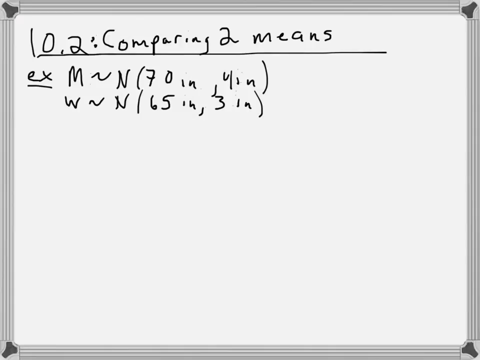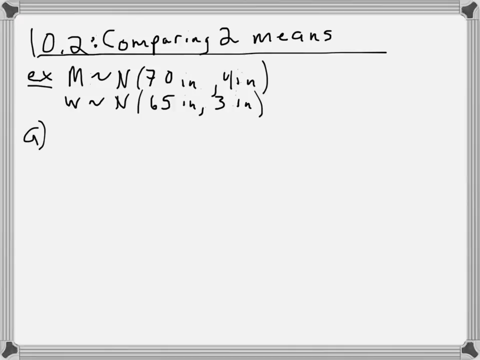Okay, so I want to bring up one of the warm-up questions I had a few weeks ago, and I'm going to paraphrase here on my notes. But we said, let's assume that men have a height that's normally distributed with a mean of 70 inches and a standard deviation of 4 inches, and women have a height that's normally distributed with a mean of 65 and a standard deviation of 3.